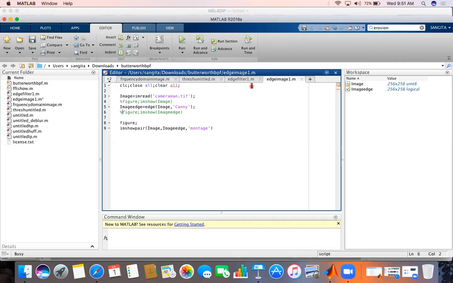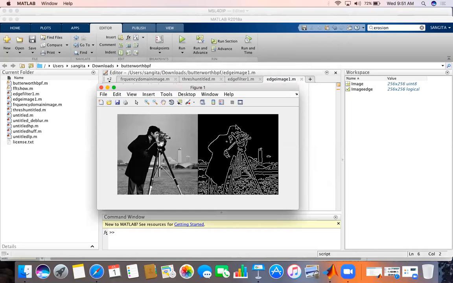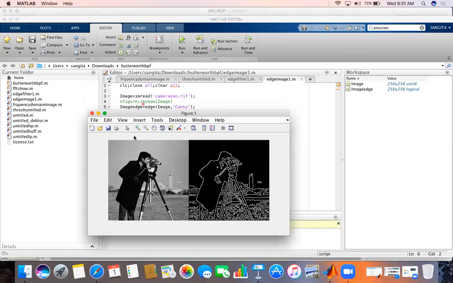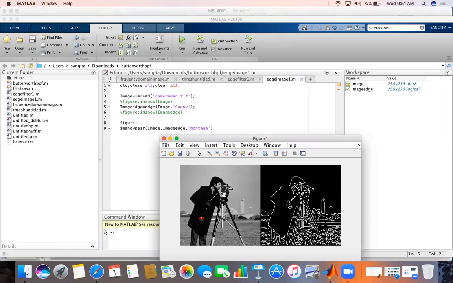Again, I am running this for a better output to see visually. Yes. So in this one picture, it is coming out. It is nothing but a small syntax, imshowpair. Therefore, in one frame you can find the two images: the original image and the Canny edge detected output.